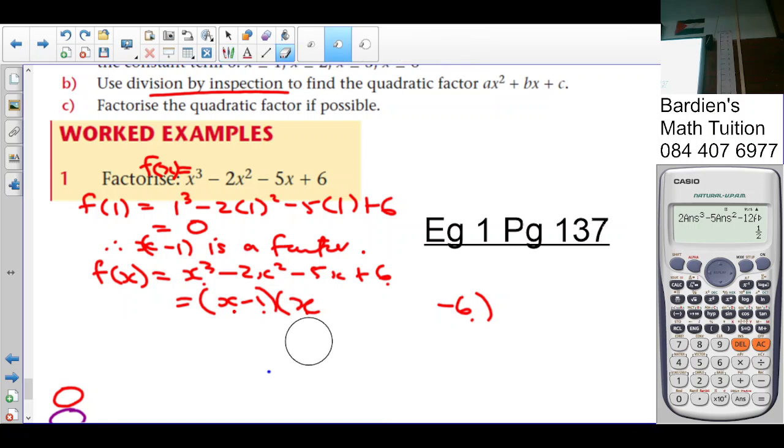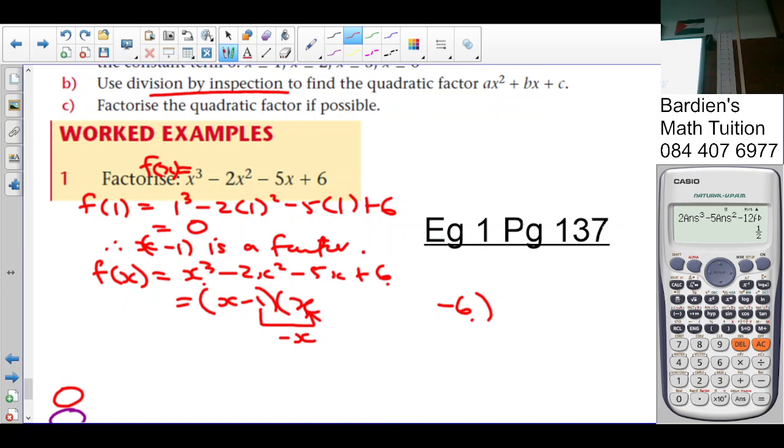On the second term, to get an x squared, if you multiply an x with an x, I get the x squared, or a constant with an x squared, I will get an x squared. Not so? So negative 1 times x is negative x.